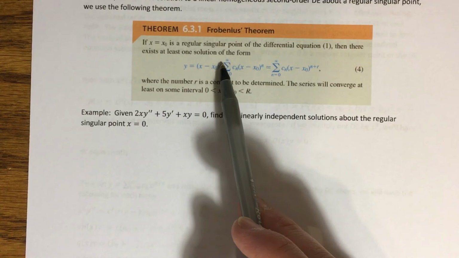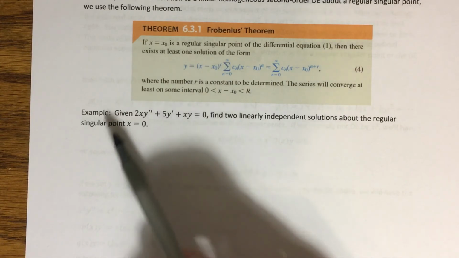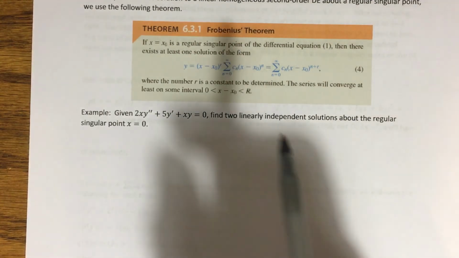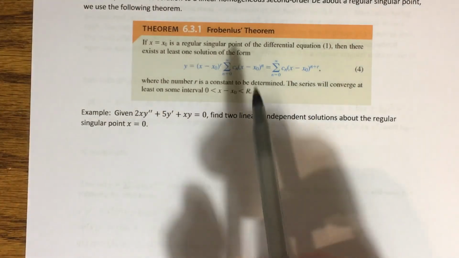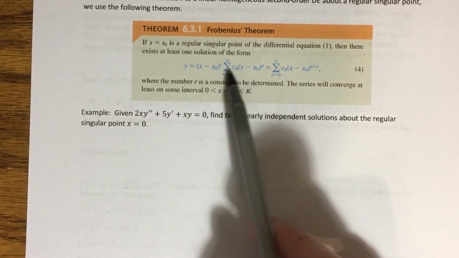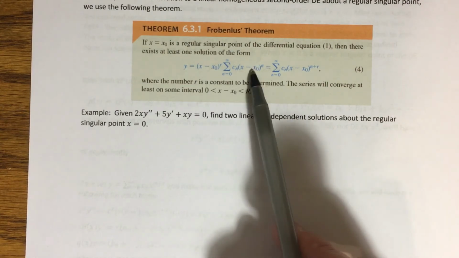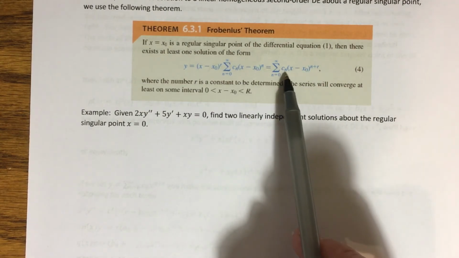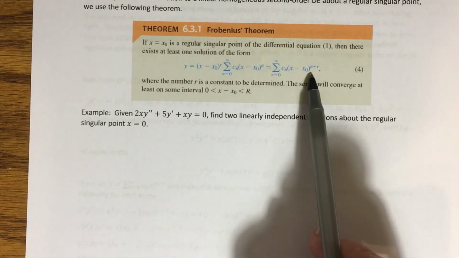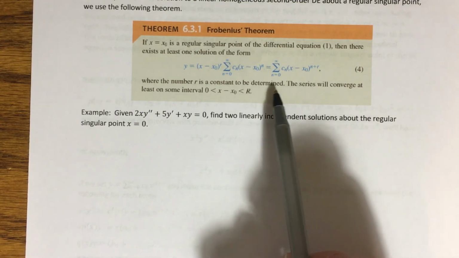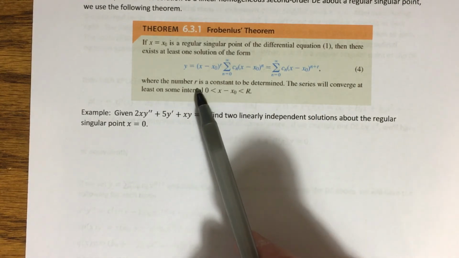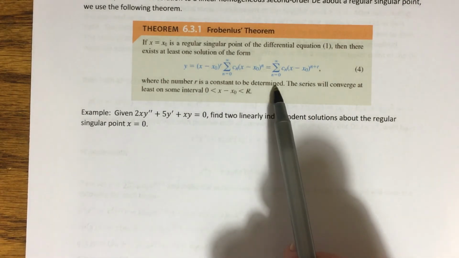But it is going to have specific values that we have to find when we're trying this method. So this series can be simplified by bringing this factor into that sum right there, and we get the sum from n equals 0 to infinity of Cn x minus x naught to the power of n plus r once we do that. And again, it says where r is a constant to be determined.